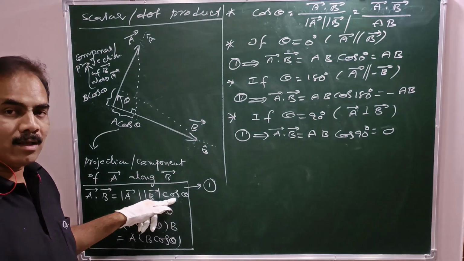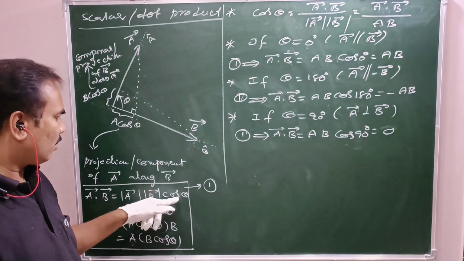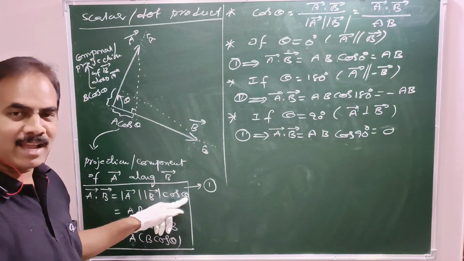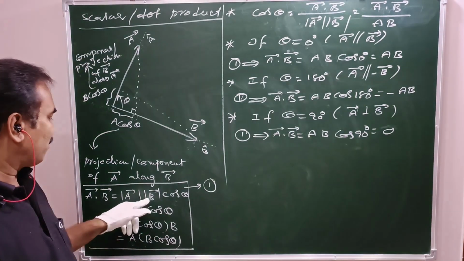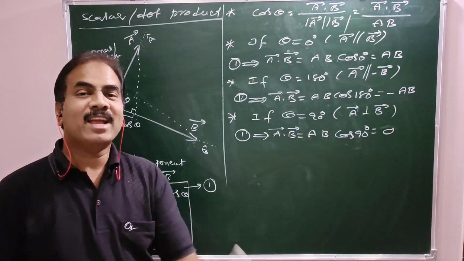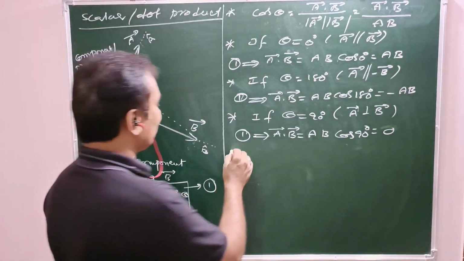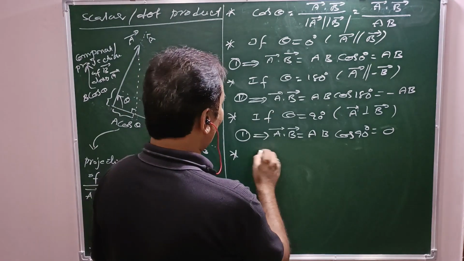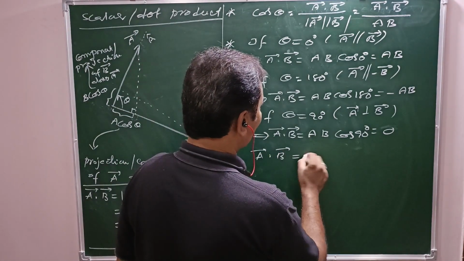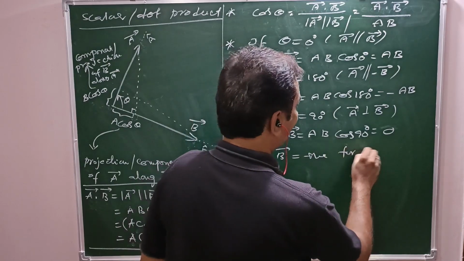Cos of an angle less than 90, that is an acute angle, is again positive. Plus into plus means a bar dot b bar becomes positive for an acute angle.